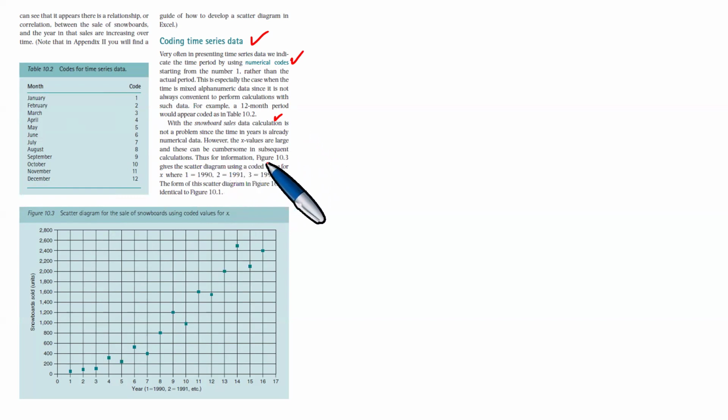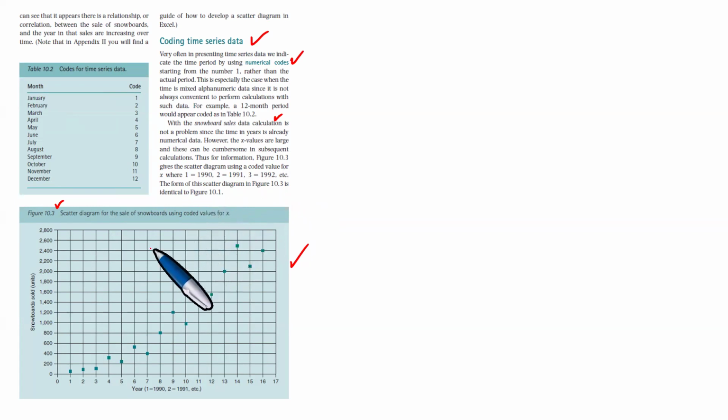Thus, figure 10.3, which is this one here, gives a scatter diagram using a coded value for X. So, coded value for X, we say 1 is the year 1990, 2 is 1991, 3 is 1992, etc. The form of this scatter diagram in figure 10.3 is identical to figure 10.1.